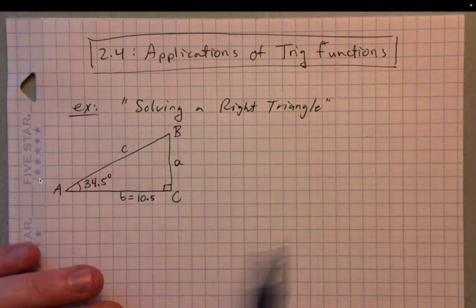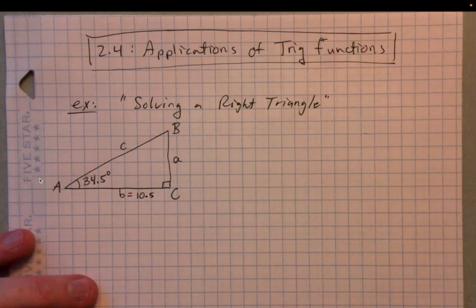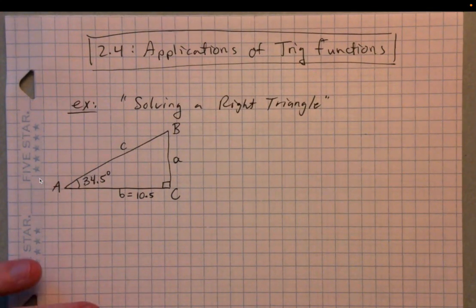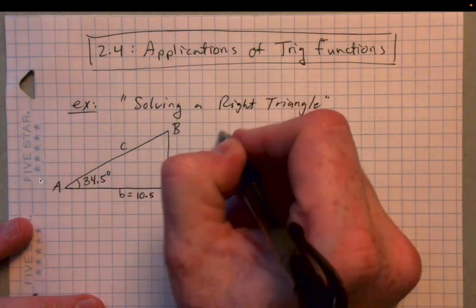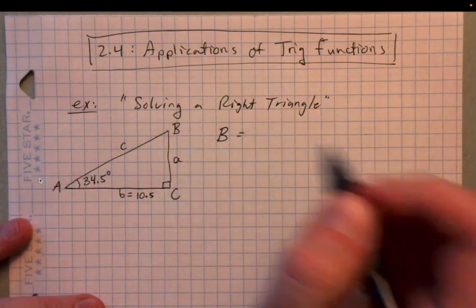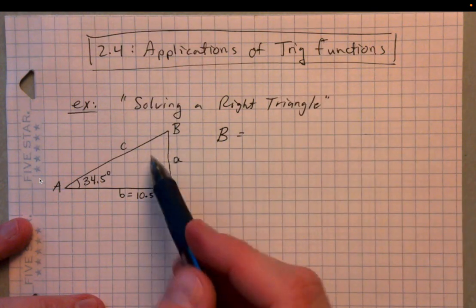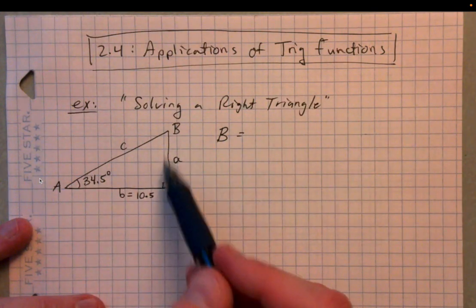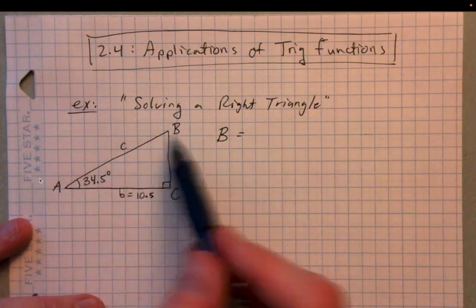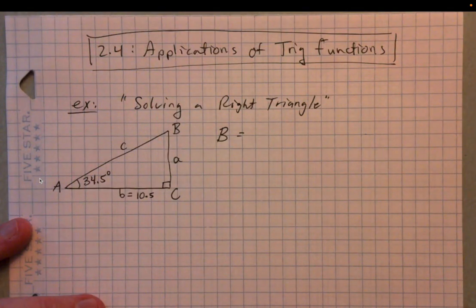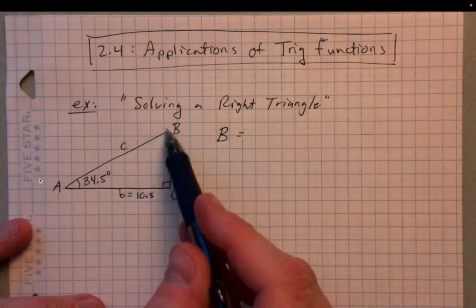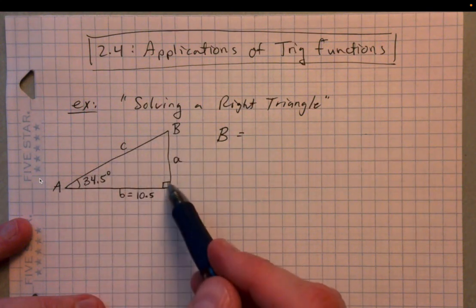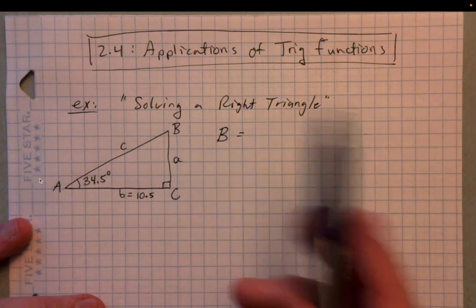Let's go through this example, and you'll see where the trig functions come into play. The first thing I can easily figure out is angle B. The sum of the three angles is 180 degrees, so between these two angles, I must have 90 degrees, because this is a 90 degree angle, and 90 plus 90 is 180.